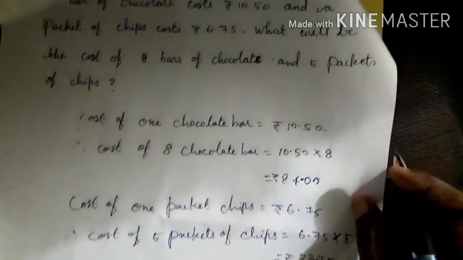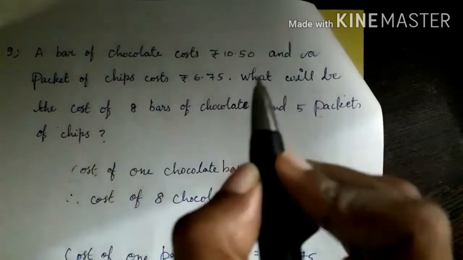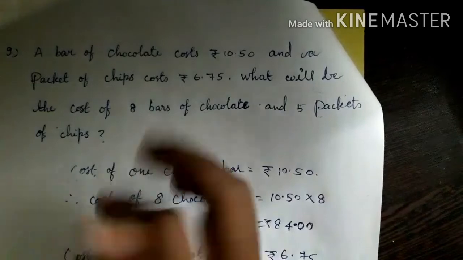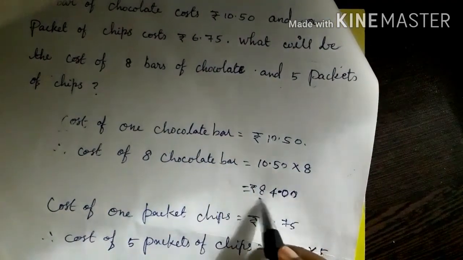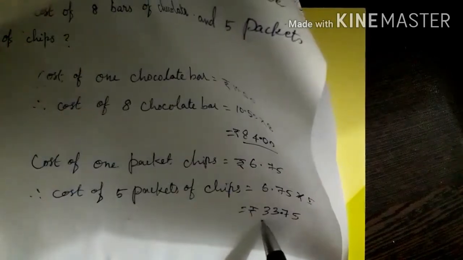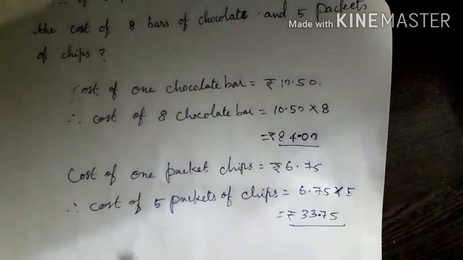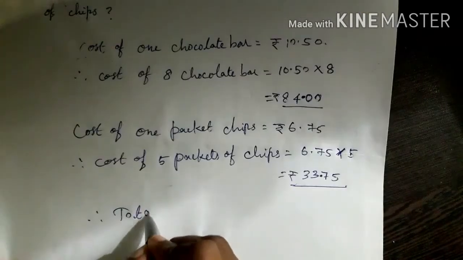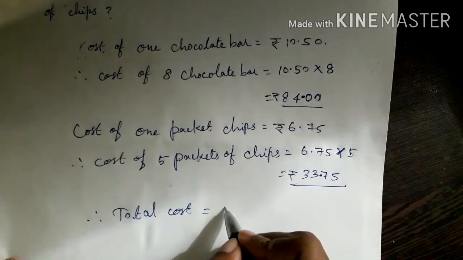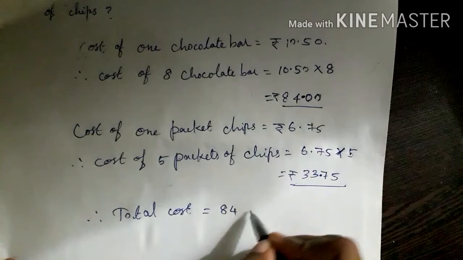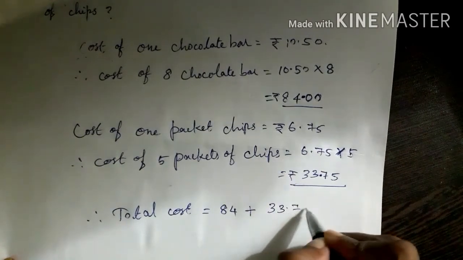Now see our question. What will be the cost of 8 bars of chocolate and 5 packets of chips together? So let's add the cost of the 8 chocolate bars and the cost of 5 chips. You have to add both, then you will get the total cost. So the total cost is equal to 8 chocolate bars, 84 rupees, plus 5 chips packets, 33 rupees 75 paise.